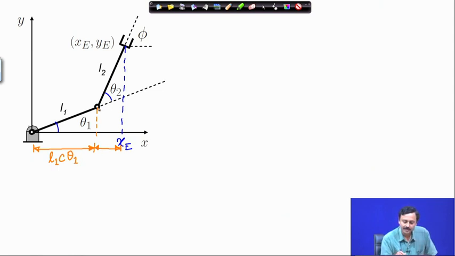And the second distance. So, let me draw a horizontal line. So, this is parallel to the x axis. You can very easily see that this is theta 1, because this line is oriented with link 2. So, this is theta 1 and this is theta 2. So, this distance is nothing but L2 cosine of theta 1 plus theta 2.